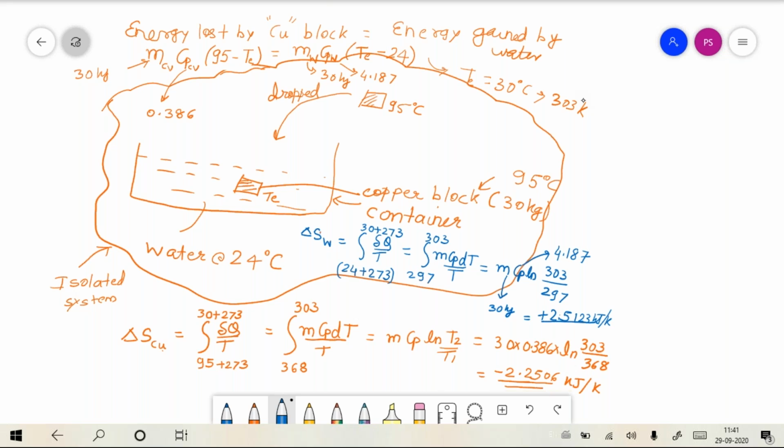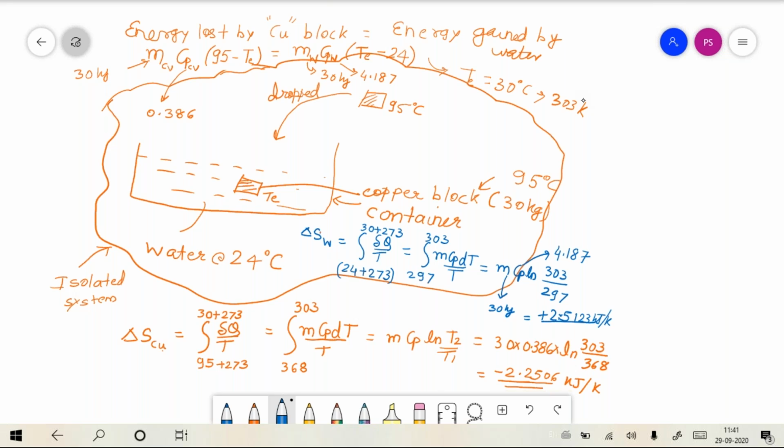What you are finding is, in this interaction, whether the entropy decrease is equal to entropy increase. What is so interesting about it?